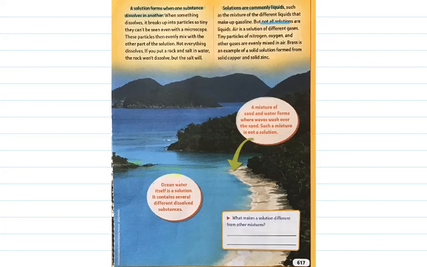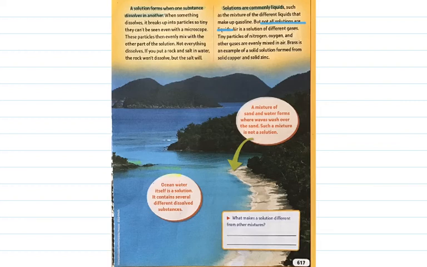Not all solutions are liquids. Okay. Air is a solution of different gases. Tiny particles of nitrogen, oxygen, and other gases are evenly mixed in the air. Brass is an example of a solid solution formed from solid copper and solid zinc.